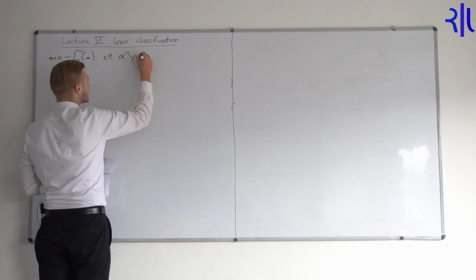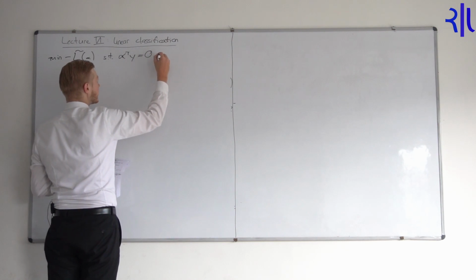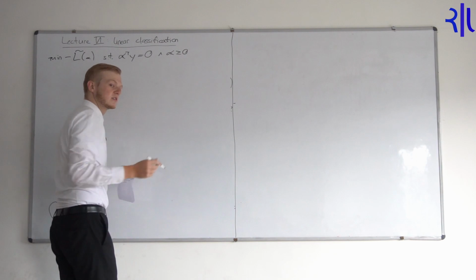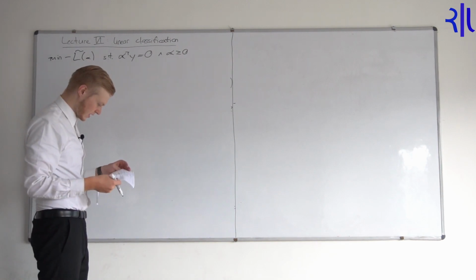First, alpha transpose y is equal to 0, and alpha has to be greater or equal than 0.